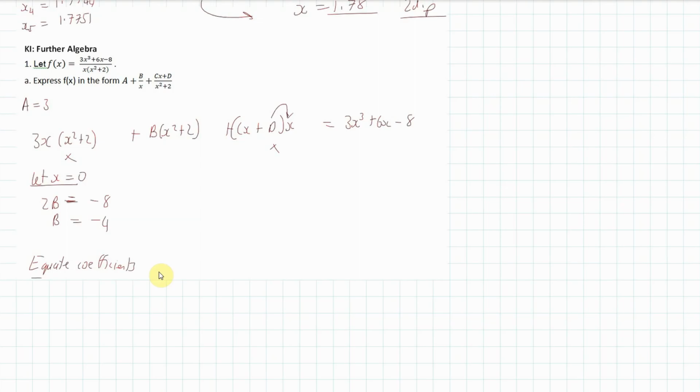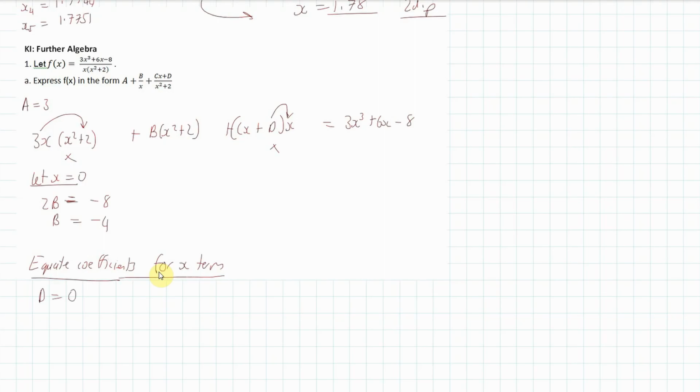And I can see, so this is for the x term. You can see over here that we need a positive 6x, and I've already got that here, and there's only two ways of making an x term. So d must be equal to 0.